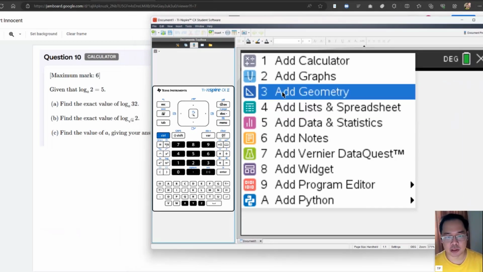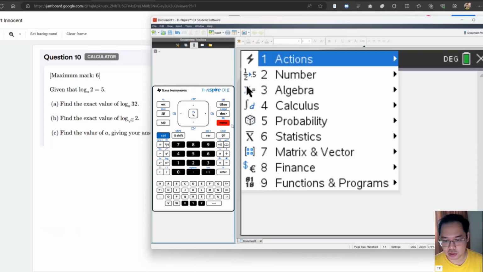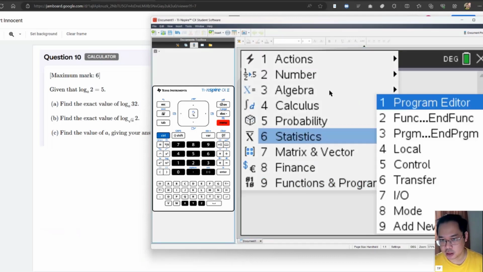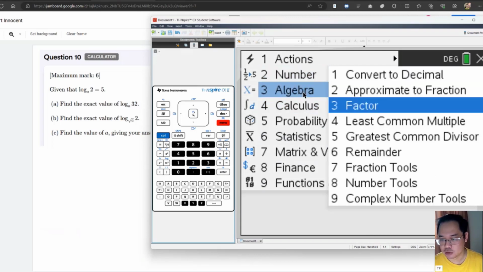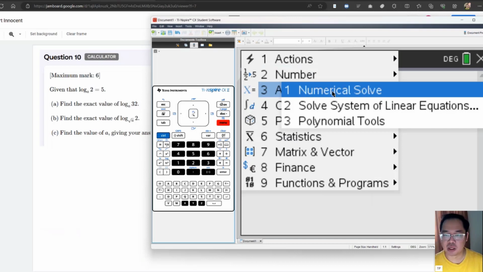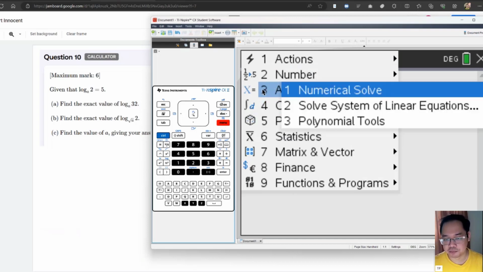In this calculator, to find the value a, we need to use the equation solver function. Click on the menu and go to the algebra menu, and then click numerical solve.